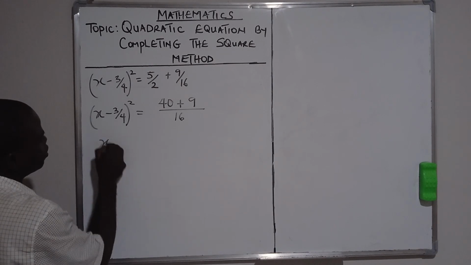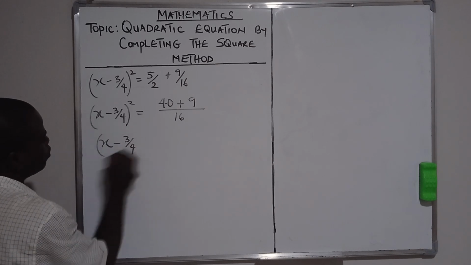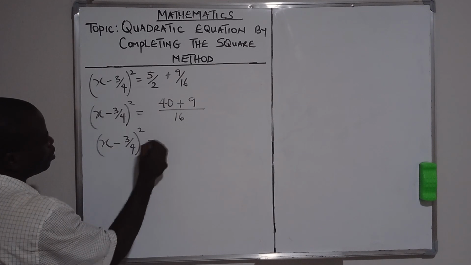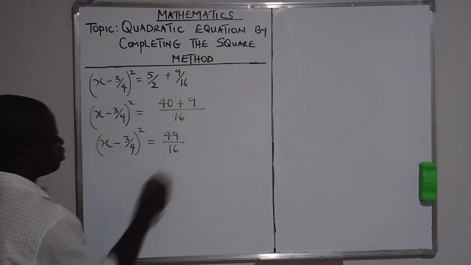You now have x minus 3 over 4 squared equals 49 over 16.